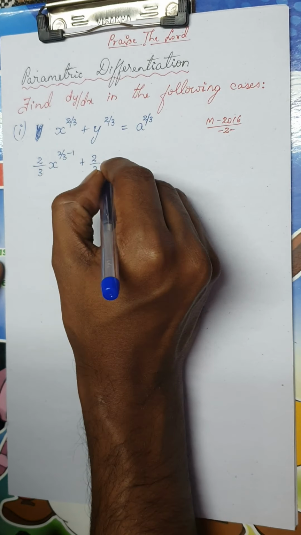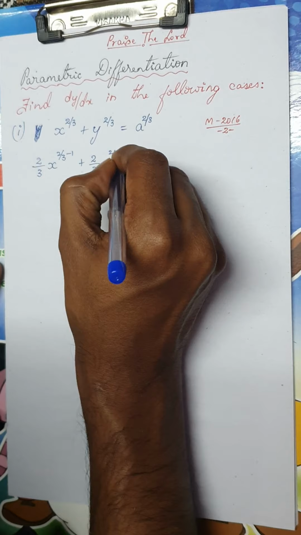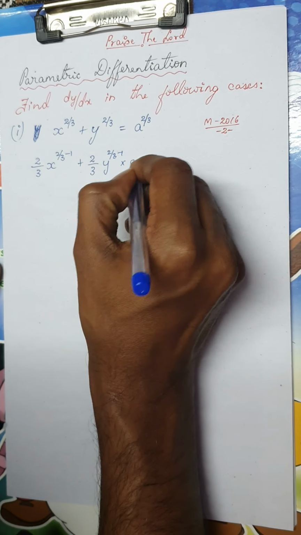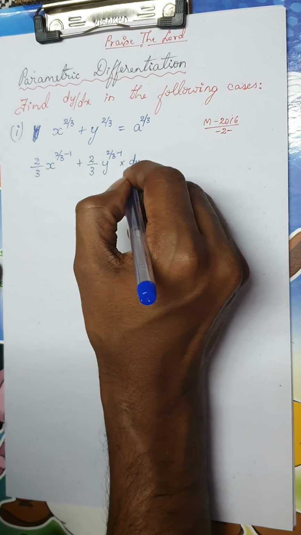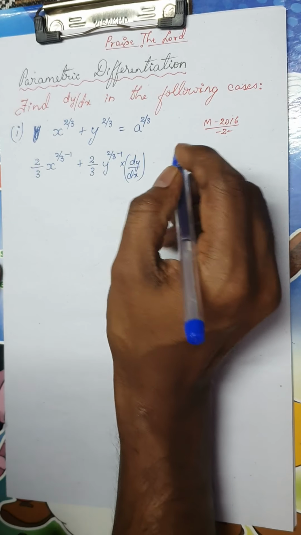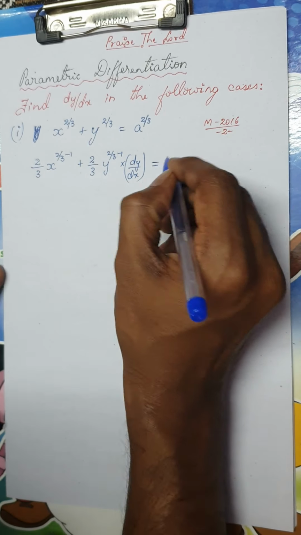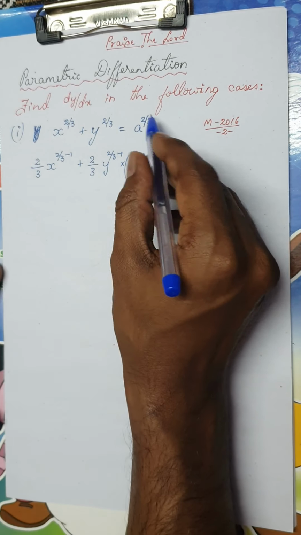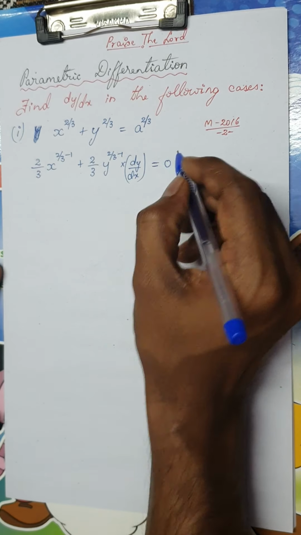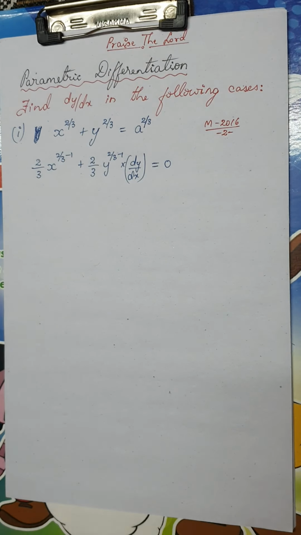So it is 2 by 3 into y power 2 by 3 minus 1 into dy by dx, because y is again a function of x. This is equal to, remember, a power 2 by 3 is completely constant, and the derivative of a constant is 0.